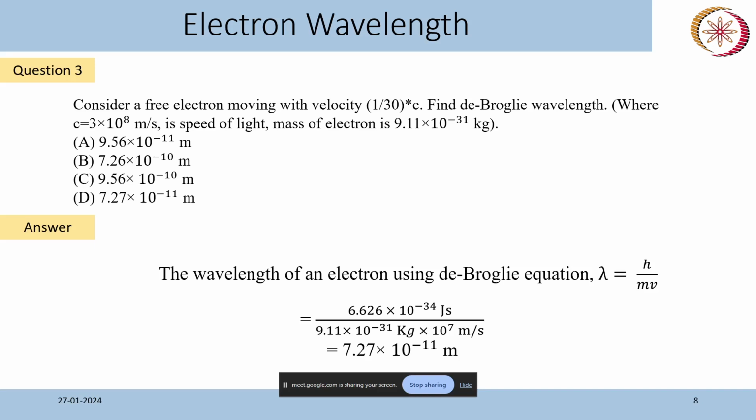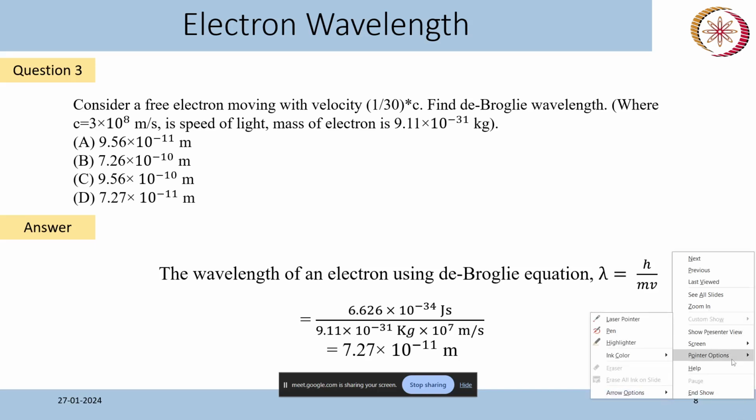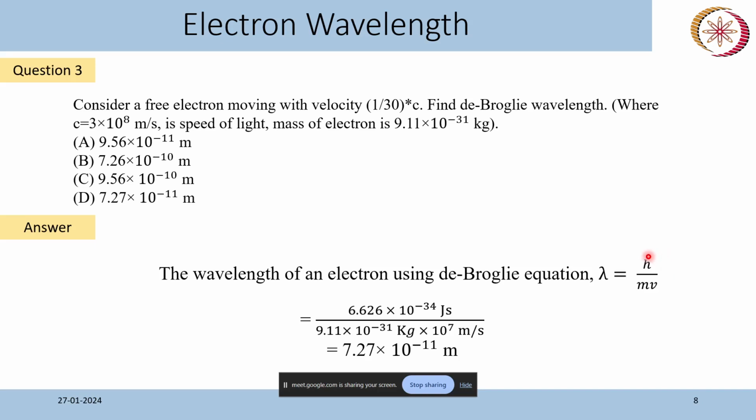Here you should be careful with the units. h is Planck's constant and its unit is joule second. You should check whether you are getting the right unit or not. How can we write joule in the MKS system? Kilogram meter square per second square.